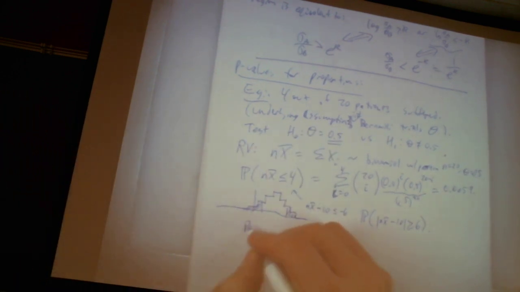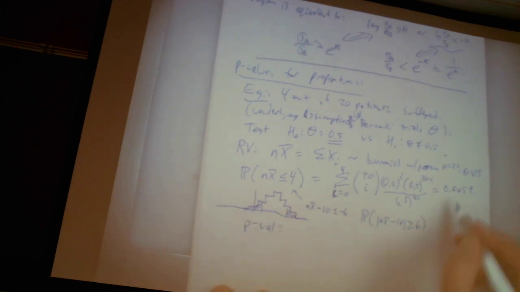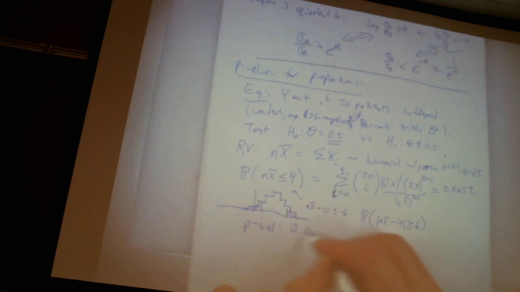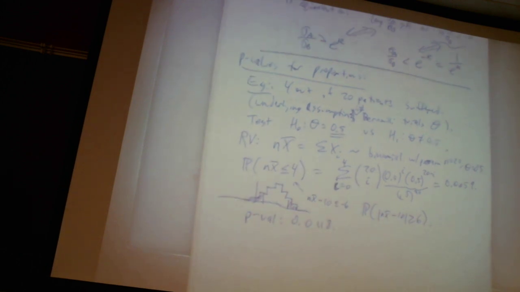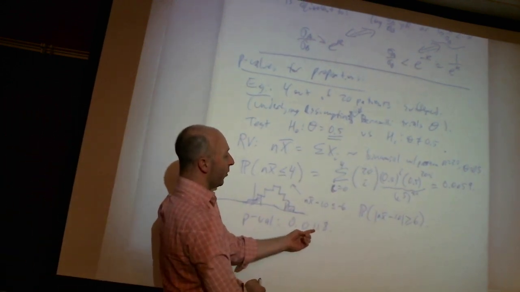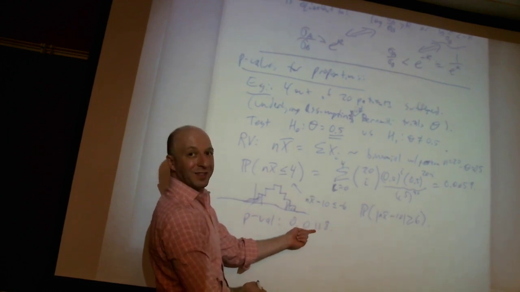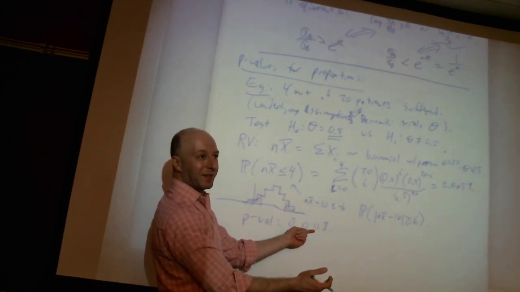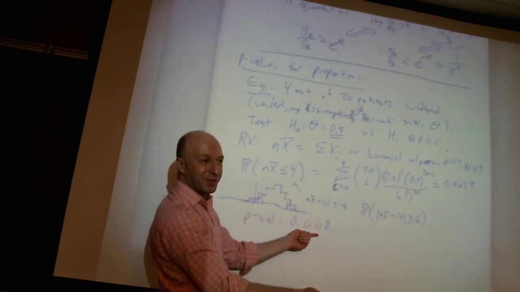So the p-value of this outcome is twice 0.0059, which is 0.0118. Now again, this is a little bit more than 0.01. So if you had your level of significance at 95%, this is significant. If you had it at 99%, it's not significant.